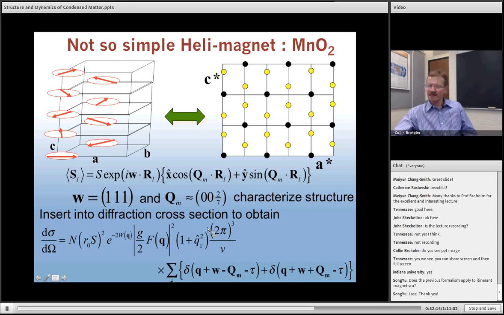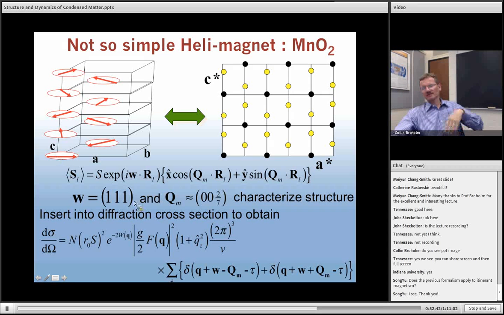The other thing I wanted to point out is this term, that is the polarization factor. And you'll see that as opposed to the previous case, which was a uniaxial spin configuration, where all the spins were in a certain direction, here it's a planar spin configuration. And you actually gain in intensity when you have a larger direction cosine along the direction of C that is perpendicular to the spiral.